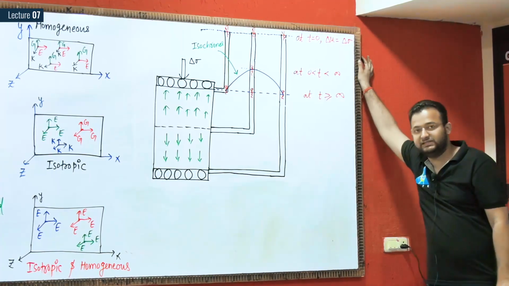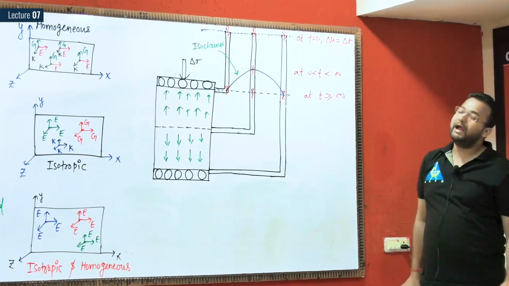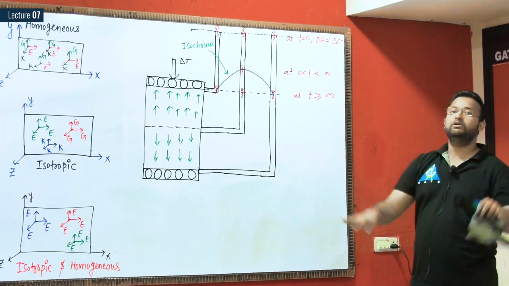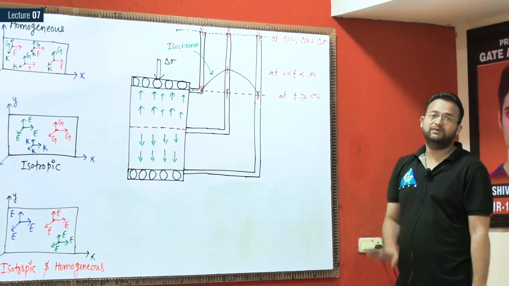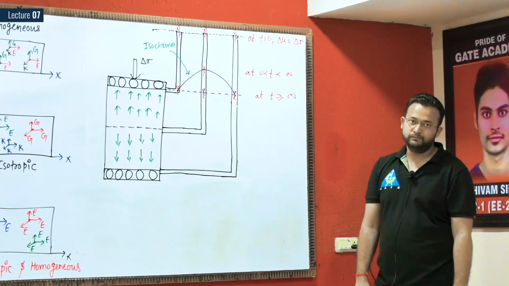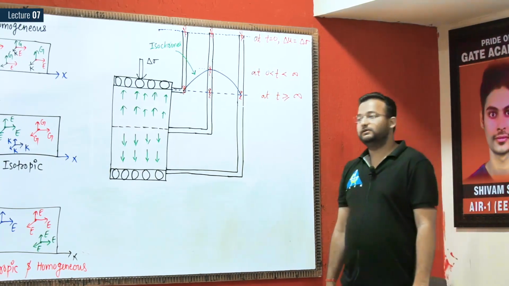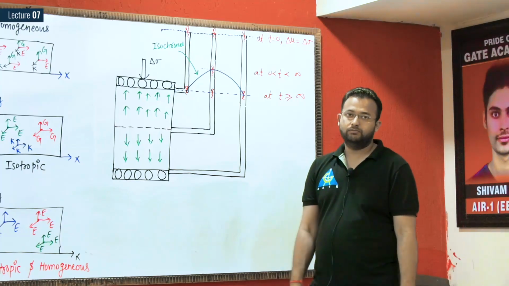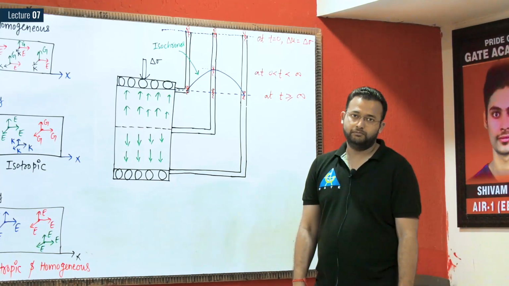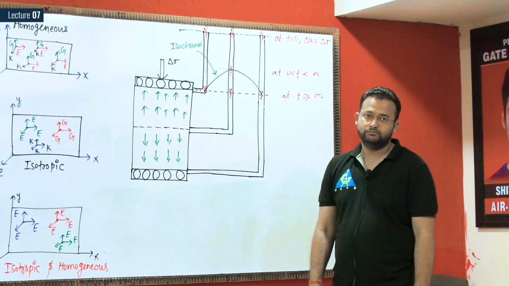So till now I have discussed the entire theory portion of Terzaghi's one-dimensional consolidation theory. Clear? Now we should talk about the results. What results we are getting here, that we have to discuss.